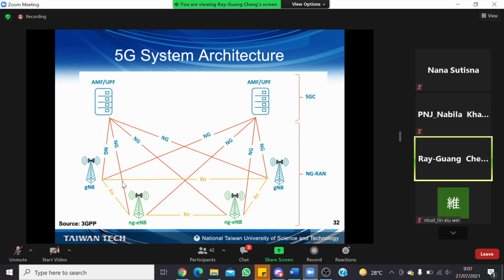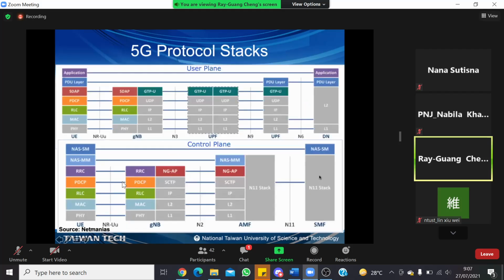We will find MME is for mobility management. MME in 5G will be replaced by AMF and UPF. So basically, we can have 5G core and 5G next generation RAN.